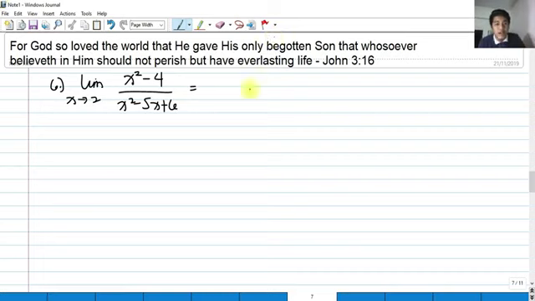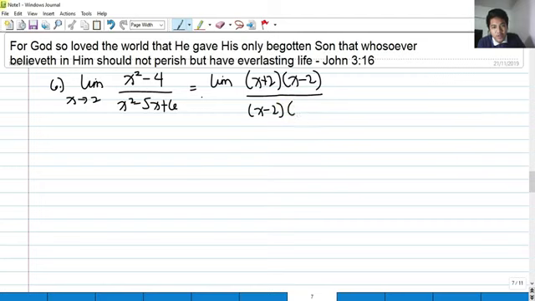So we have the limit, x squared minus 4 is equal to x plus 2 times x minus 2, over x squared minus 5x plus 6. If we factor that, that is x minus 2 multiplied by x minus 3, as x approaches 2. As you can see here, x minus 2 would cancel.